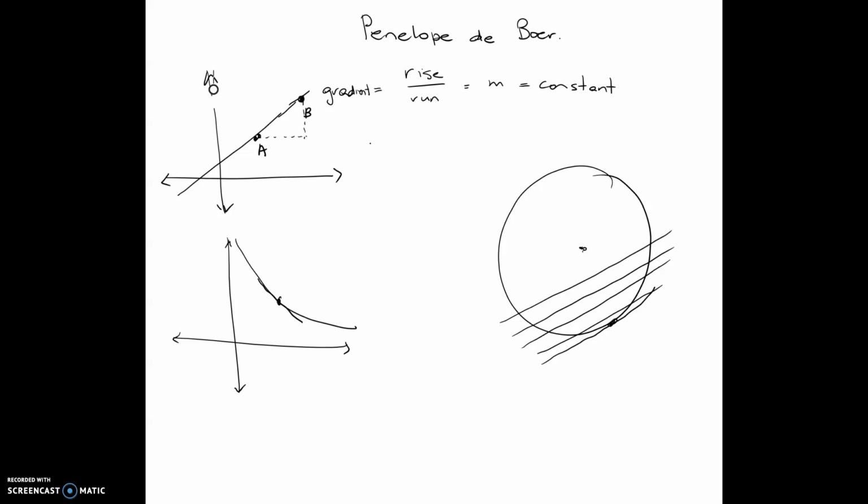What might be happening to the whole situation as we're moving from a secant up here, number 1, right down to the tangent? If we look at the length of the chord cut off by these secants, as we're moving from secant number 1 down to the tangent, we see that the length of the chord is becoming shorter and shorter, and eventually here the length of the chord is 0.